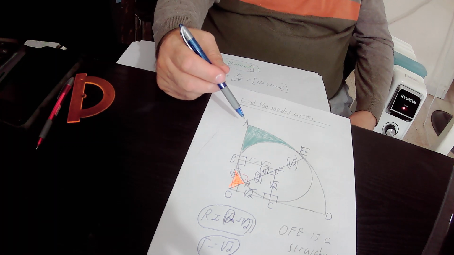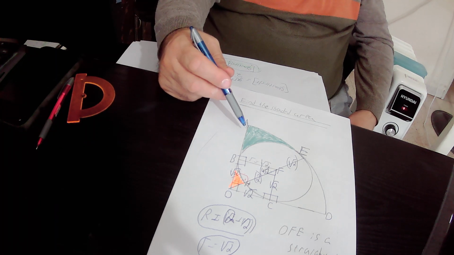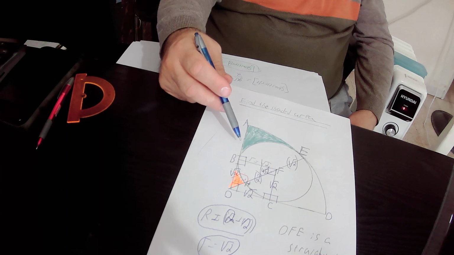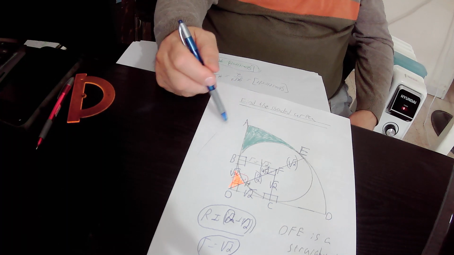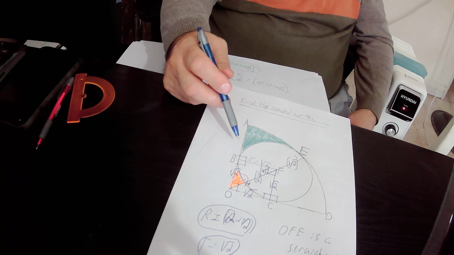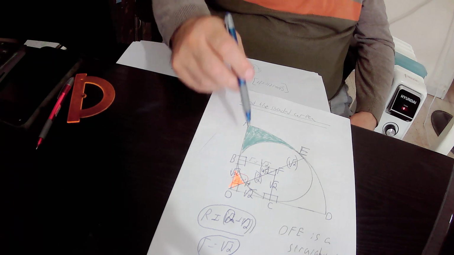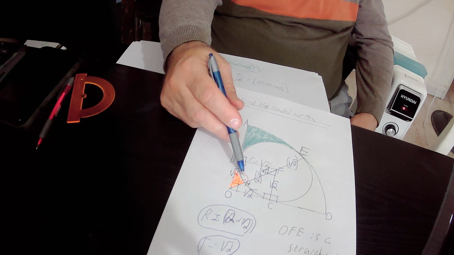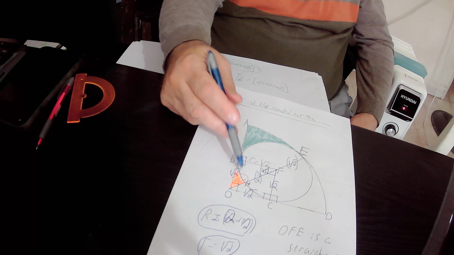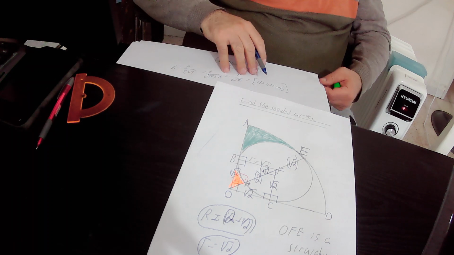Therefore, pi r squared is pi times the big radius of the big circle, pi times capital R squared, times the angle between the legs of this sector, that is 45 degrees over 360 degrees.